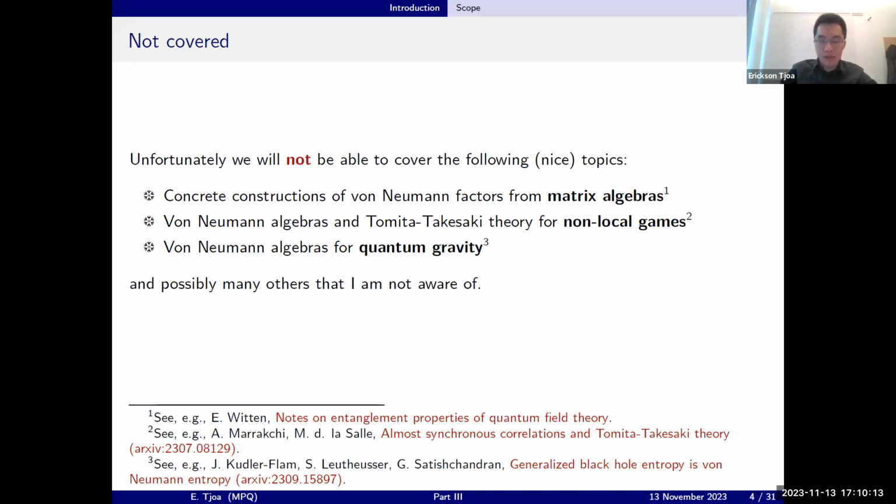The last one is the applications to quantum gravity, where the most recent paper in September was about the argument that the generalized black hole entropy is basically the von Neumann entropy in the sense of von Neumann algebras. There are also many other topics that I'm not possibly aware of, because Tomita-Takesaki modular theory is kind of like a structural theory that gives rise to many ways to understand von Neumann algebras.